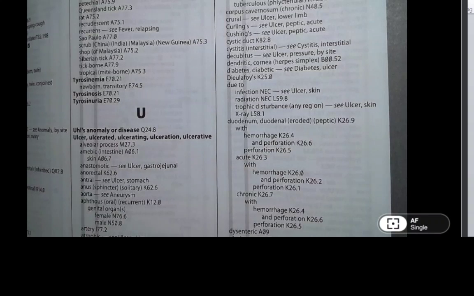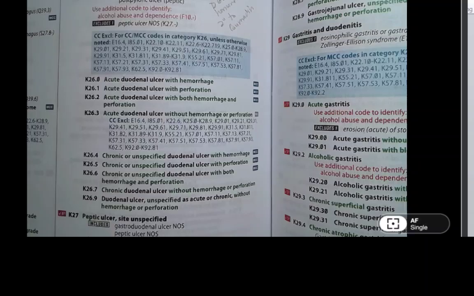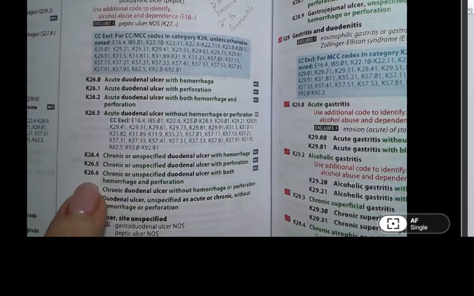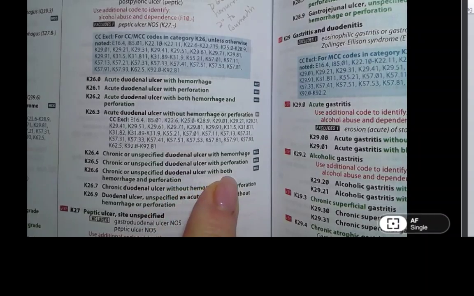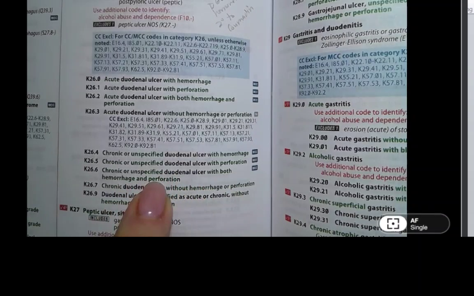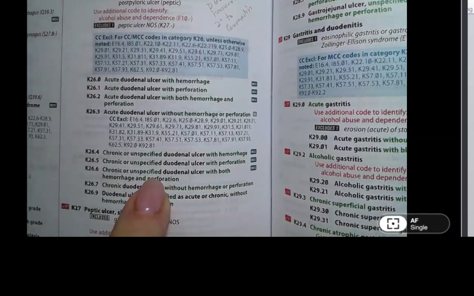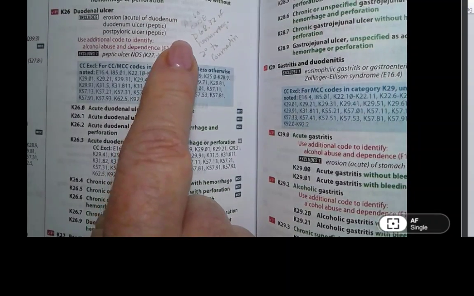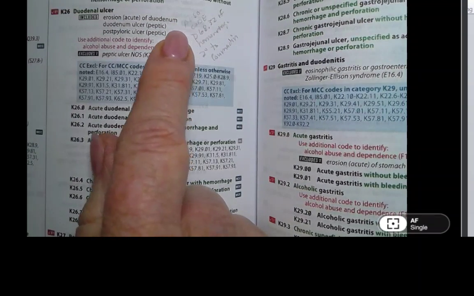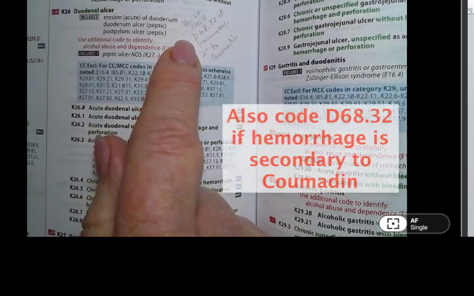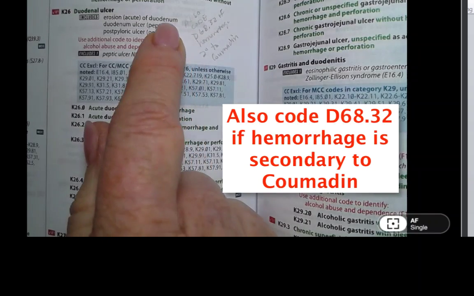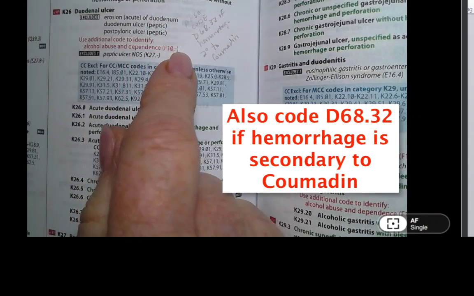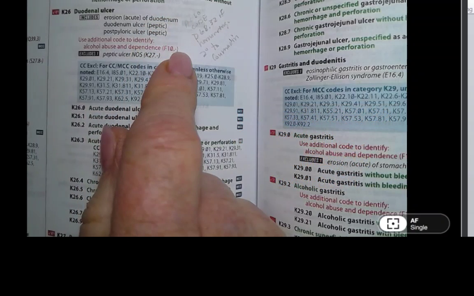So we're going to look now, and we're in our tabular, K26.6, chronic or unspecified duodenal ulcer with both hemorrhage and perforation. You notice I left myself a little note up here. It says also code D68.32 if hemorrhage is secondary to Coumadin. So these are just little notes sometimes I make myself in different categories.